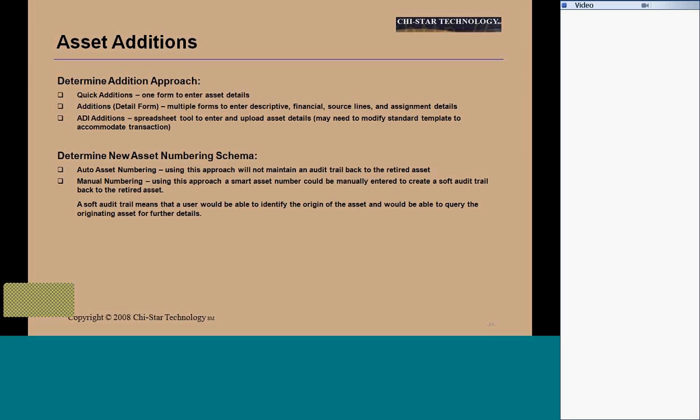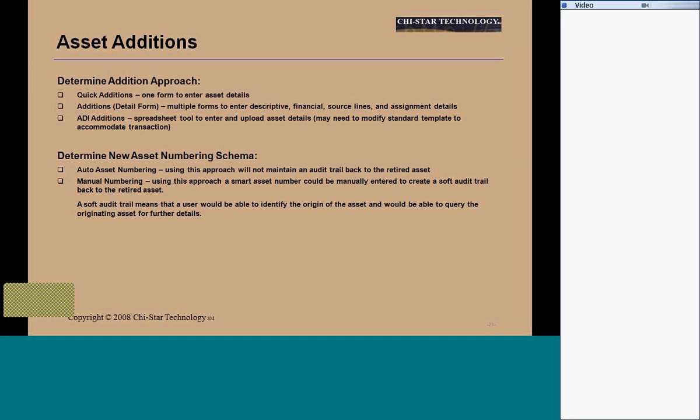When adding the asset, one of the key points that I need to determine is how I want to handle the asset numbering. A couple options that I could do is I could just have Oracle use the auto numbering schema and assign an asset number to this new asset that I'm adding into my system.